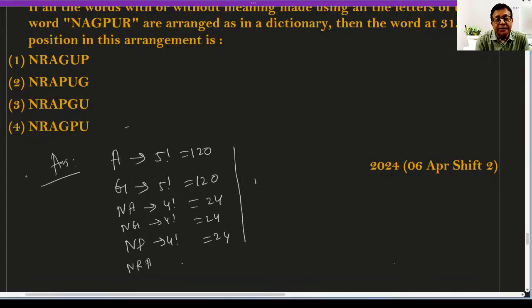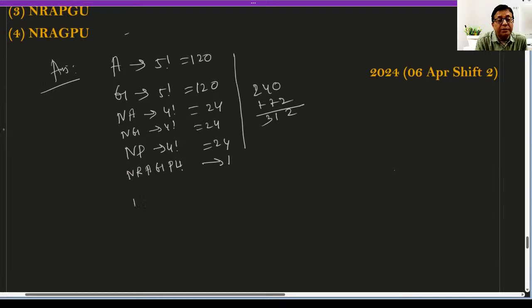First, see the total in here. 240 plus 312. Okay? 315 is required. So in RA, G, PU, these two have to give 1.